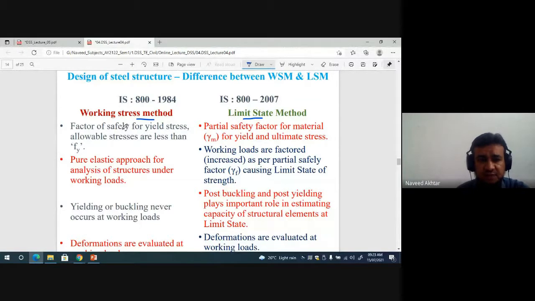So you can differentiate based on the factor of safety. For the yield stress, the allowable stresses are less than Fy, and as we have seen, we are taking 0.67, 0.66 of your Fy. So that is the factor of safety. But in case of the limit state method, the partial safety factor for material for yield and ultimate stress are different.